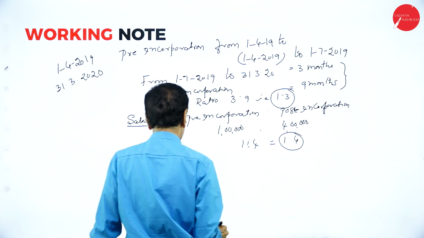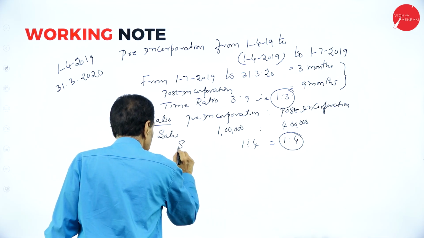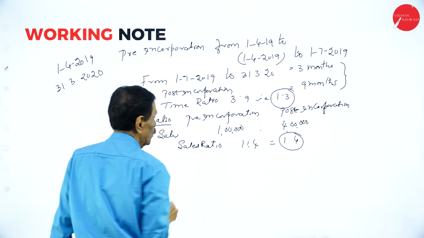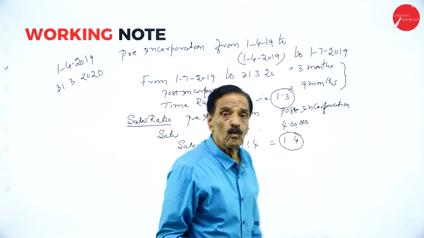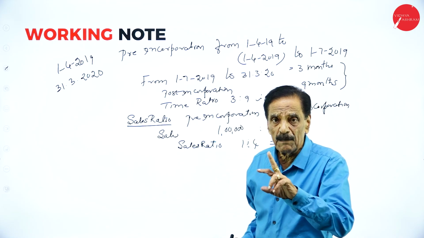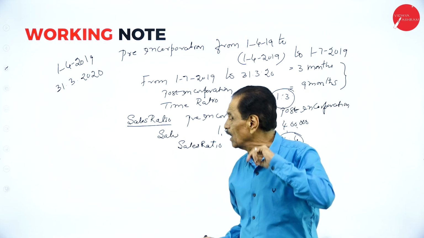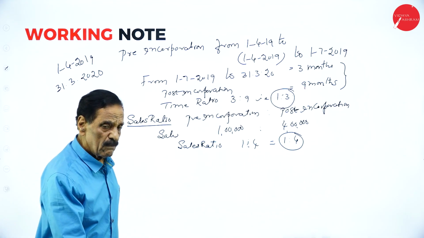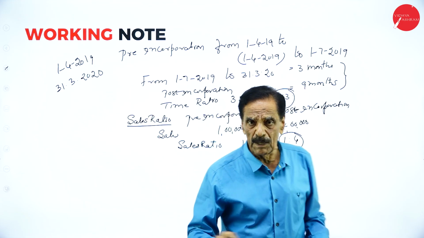This is the sales ratio. So two ratios are necessary: the time ratio, based on the number of months, and the sales ratio, based on the sales. Now we are going to divide one by one.